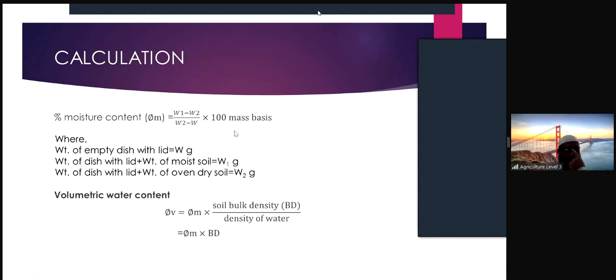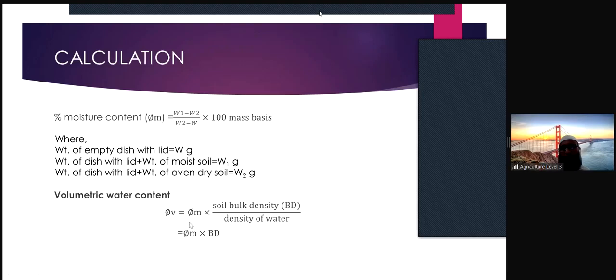And sometimes we want to determine it on a volumetric basis. To get that, we multiply with bulk density. Gravimetric water content times bulk density of soil divided by density of water. Density of water is equal to 1, so we get BD, bulk density.